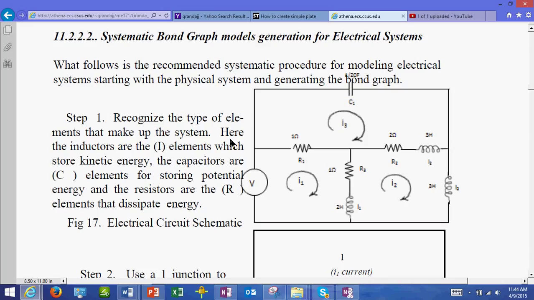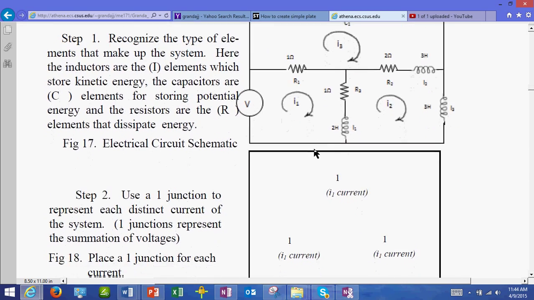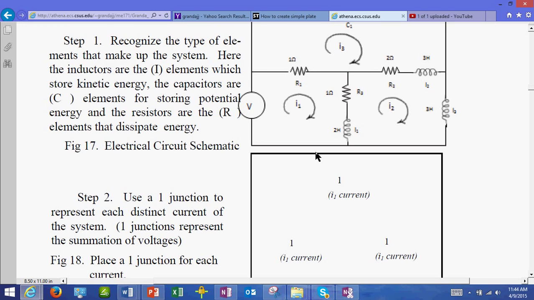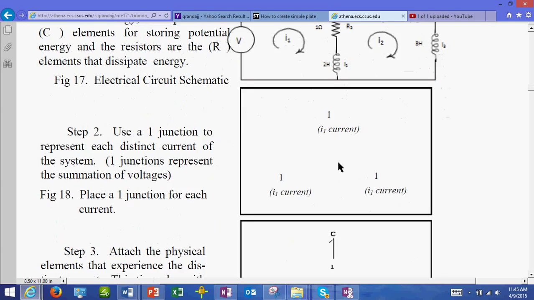systems. Now remember that we are trying to establish a situation where the method is consistent for all three of them. And so you see here you have three loops, and the first thing we do is to put the one junction for each distinct current, and then attach the elements that see those currents.